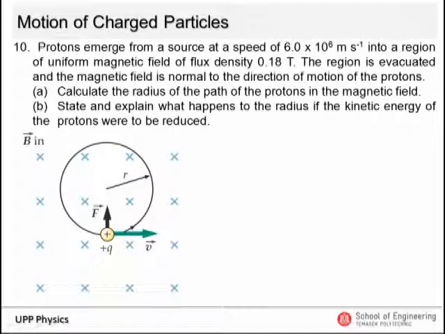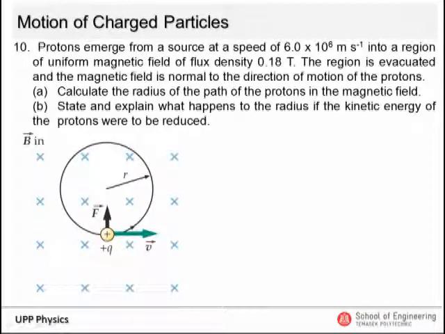The protons are directed normal to the magnetic field. So we assume the direction of motion of the protons to be in the direction of the green arrow, perpendicular to the magnetic field lines.